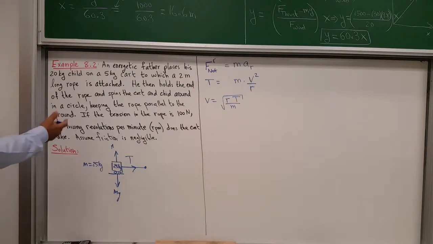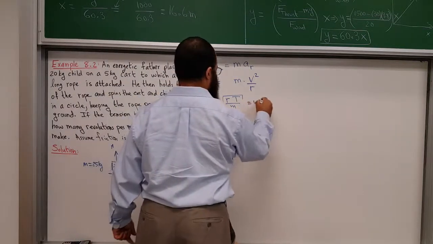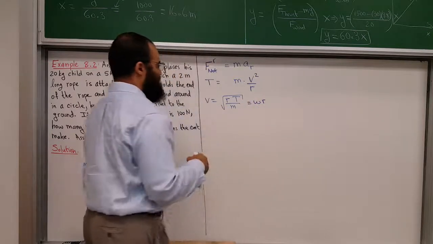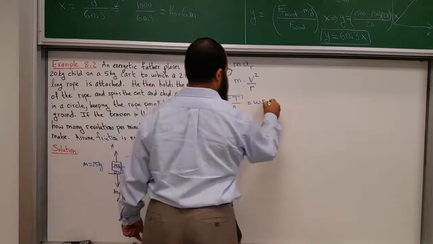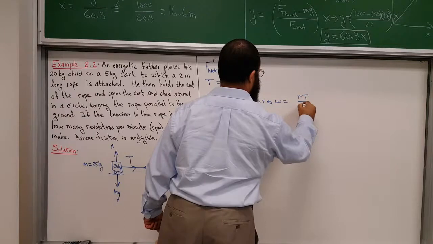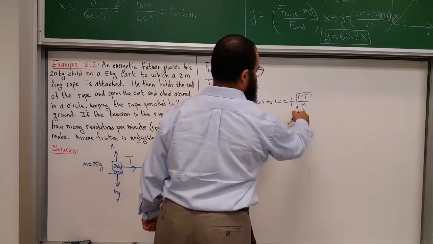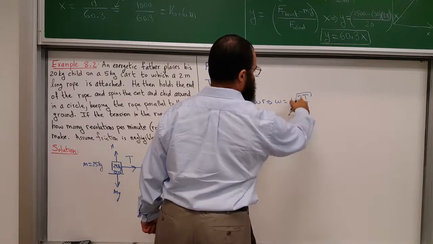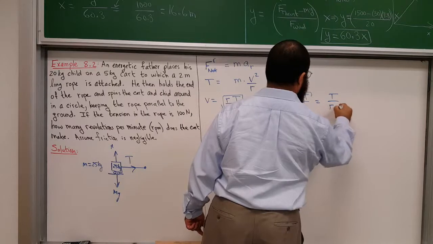Here they're asking how many revolutions per minute we are making. That's the angular velocity. They're really asking for omega. Well, v is equal to omega times R. Therefore, omega will be v over R, so I have to divide this by R. So omega will be the square root of R times T divided by m, divided by R. When you take the R inside the square root, it becomes R squared at the bottom, but it cancels the R on top, so it becomes the square root of the tension divided by R times the mass.